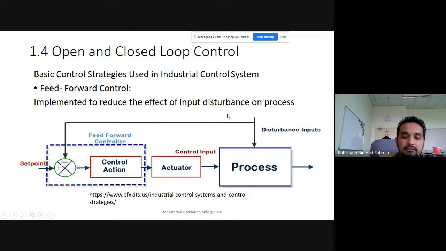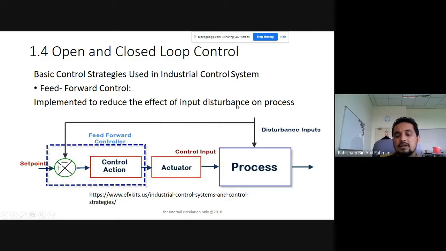If the environment temperature is warm, we could set just 90 degrees. That is the difference. We take the disturbance input into account in the control action, and this can achieve a very high precision output with very minimal discrepancy.